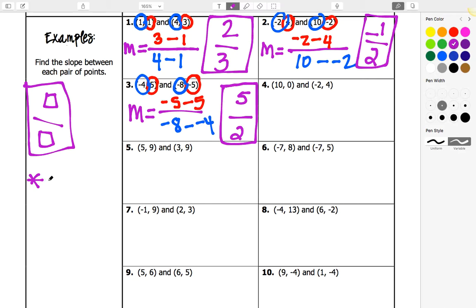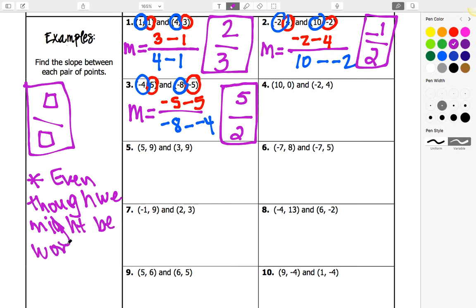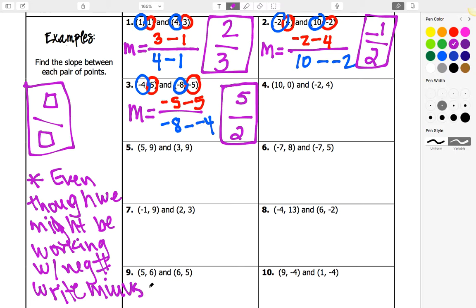And a note that I want you guys to make is that even though we might be working with negative numbers, I still want you guys to write the minus sign. Minus sign. So if you can make that note.